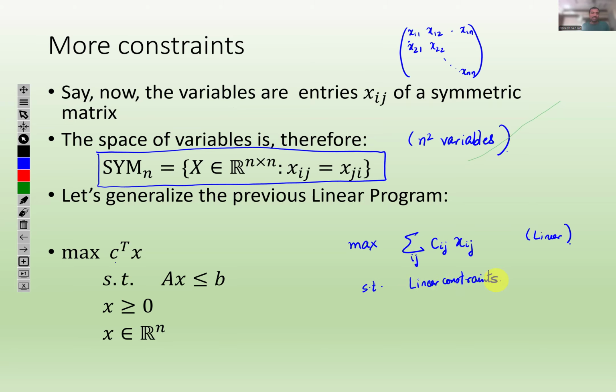And if I want to write this out explicitly, I will write this out in the following way. Notice that I had n variables here. I have n squared variables over here, xij.